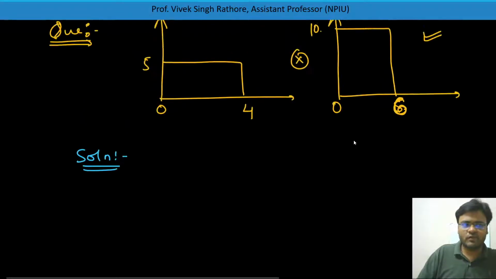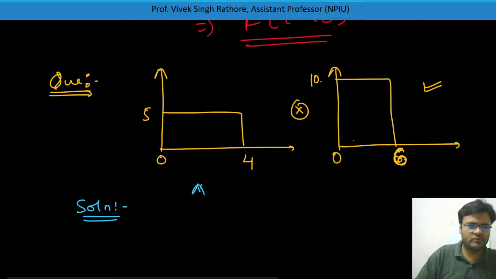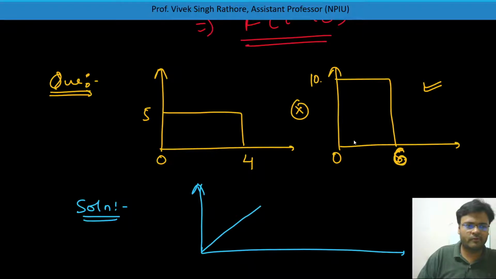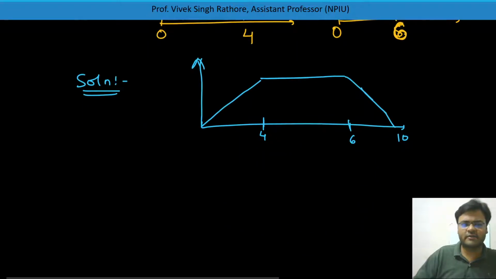See what the answer will be. When we convolve, it will come from 0 to 4, like a trapezoidal signal, and the value will be 0 to 4, and here maybe 10, so here maybe 6 value will be there. It is a trapezoidal signal.